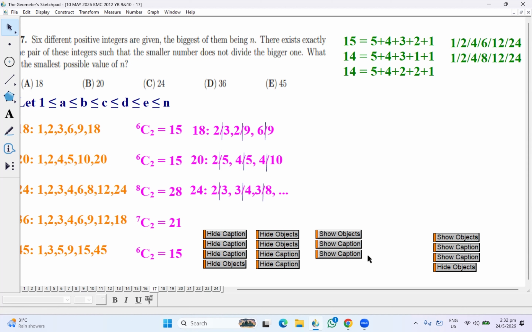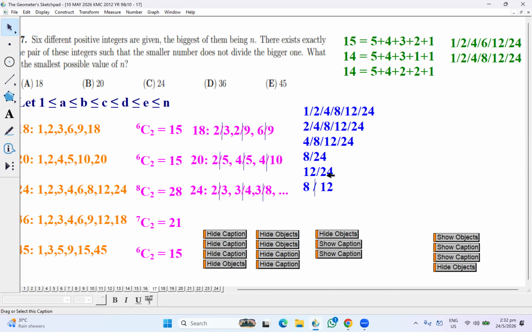Let's see. This one has 5 pairs, the second one has 4 pairs, then 3 pairs, then 1 pair, 1 pair, and then 8 cannot divide 12, so 0 pairs.